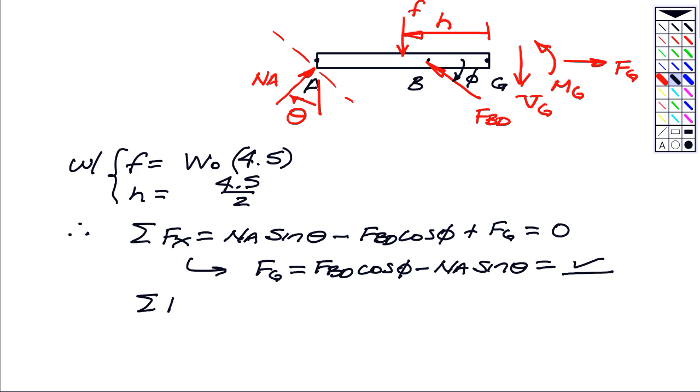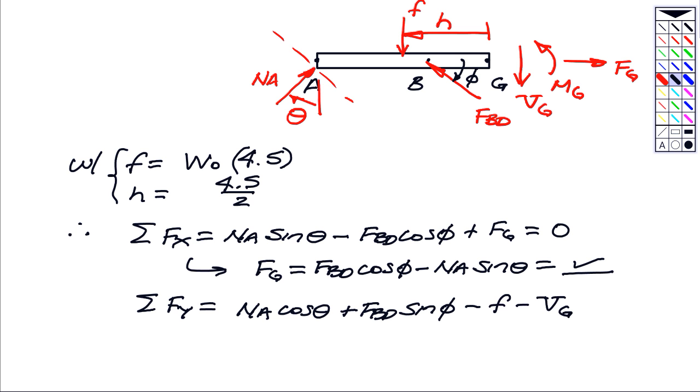Summing forces in y, we have NA cosine of theta, plus FBD sine phi, minus the applied force F, and minus, the way I drew my shear force, VG, is 0.